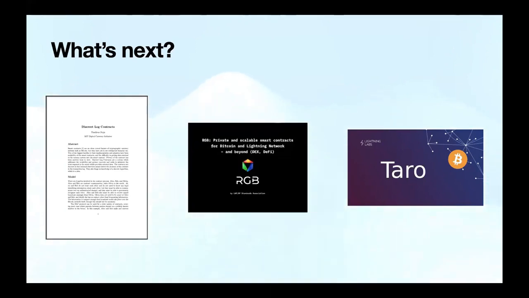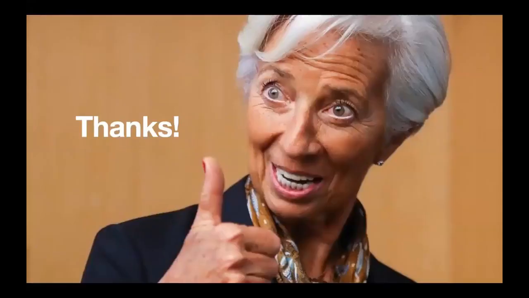And there are several technologies being built for also improving the Bitcoin protocol in this aspect. I will point out just some of them, like discrete log contracts, the RGB protocol, or the Taro protocol. And yeah, that's all. So thank you.